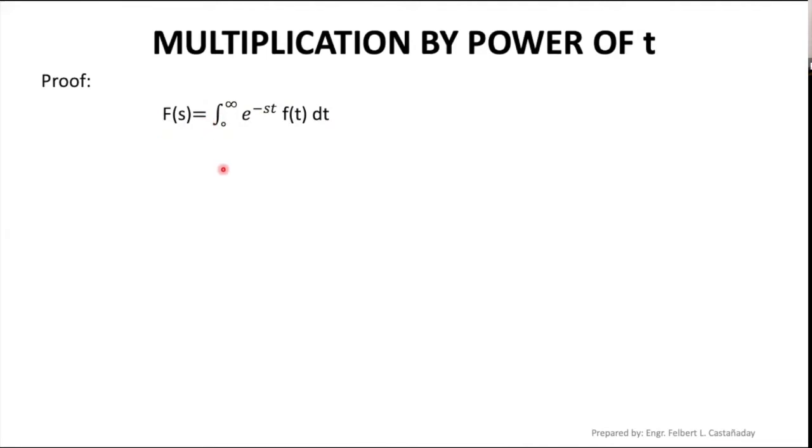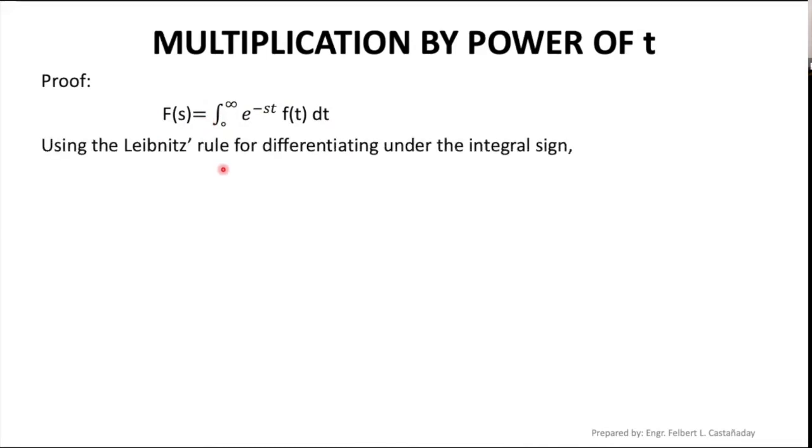We differentiate this using the Leibniz rule for differentiating under the integral symbol, so we can actually interchange the positions of the operations. We can put the integral symbol before the differentiation. That's one possible rule for dealing with this kind of function or representation in calculus.